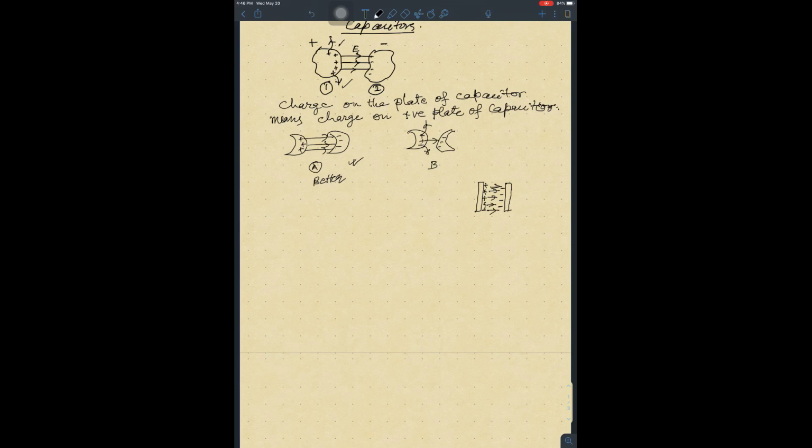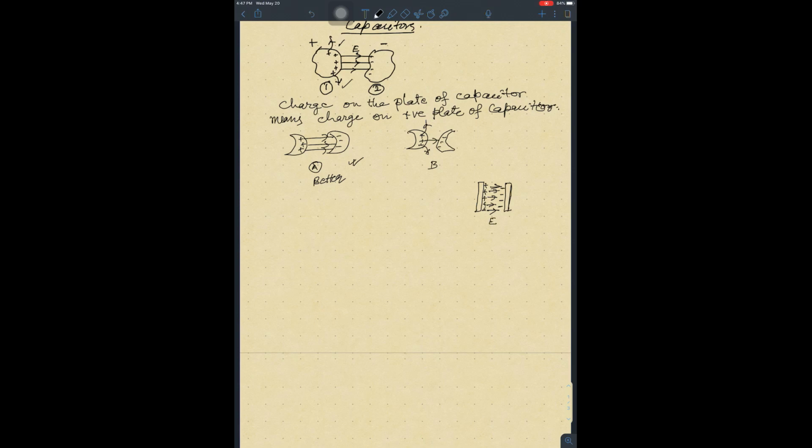Also, equal and opposite charge develops on this side and this side. It is not essential that equal and opposite charge always has to be given to the plates of a capacitor. Even if we give unequal charge, the induced charge will be the same only.